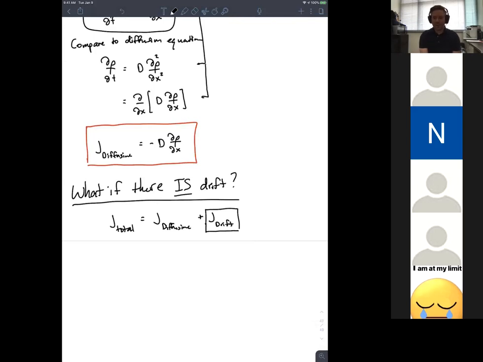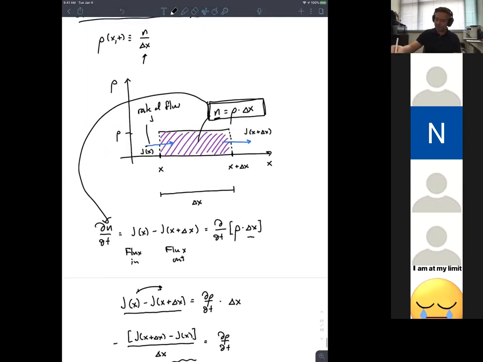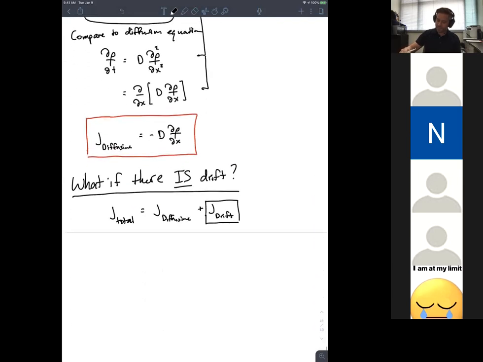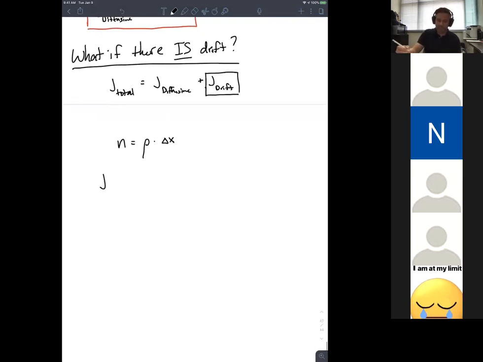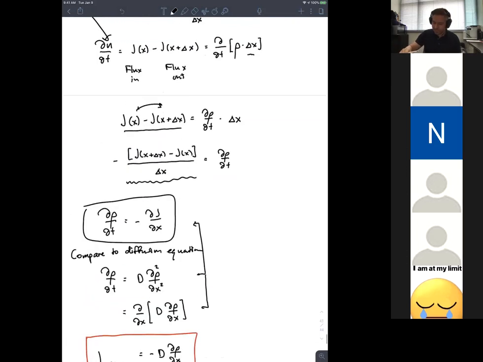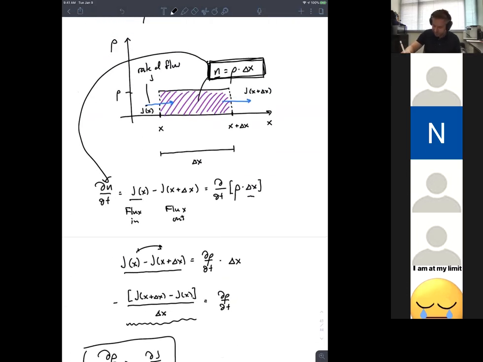Now, there's a variety of ways to think about this, I think. So now let's come back up here to this equation. We had that the number of particles within this volume is equal to the density times the volume, right? And then when we wrote this down right here, the flux is related to the rate of change of that number of particles.